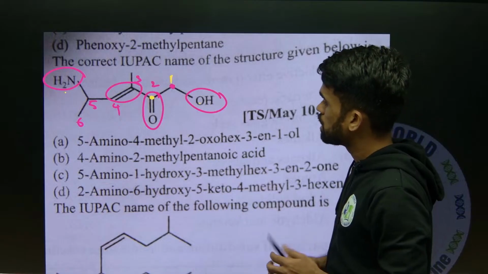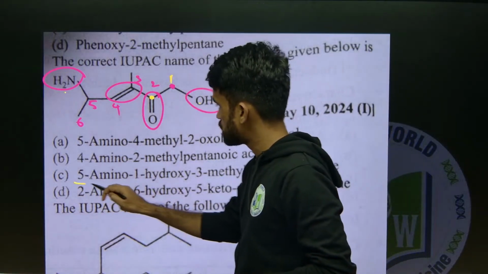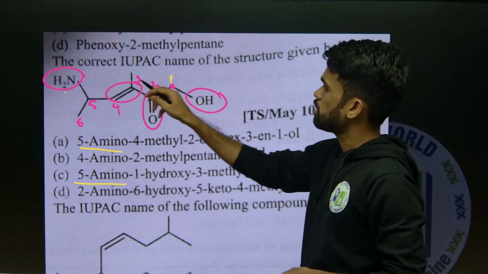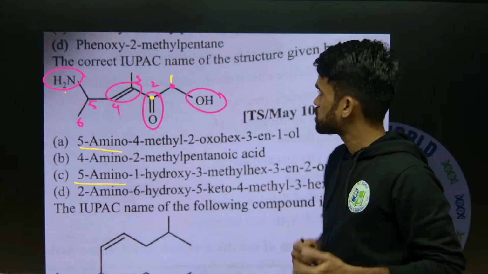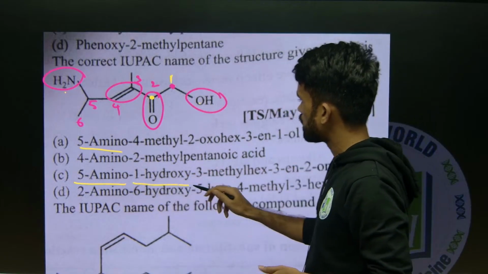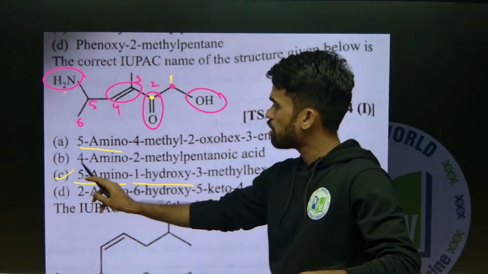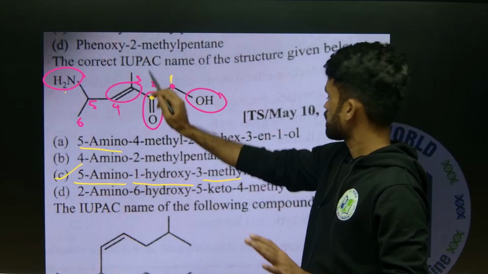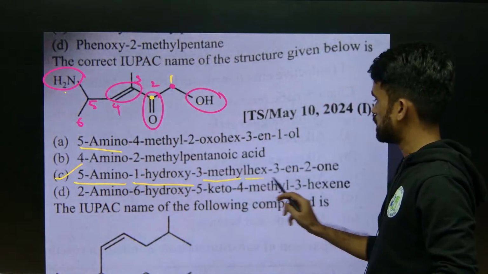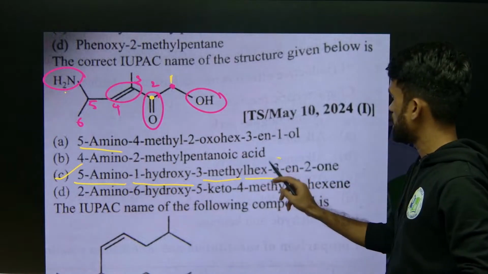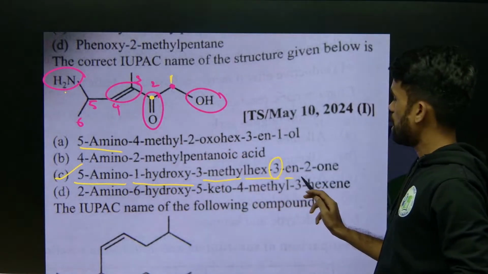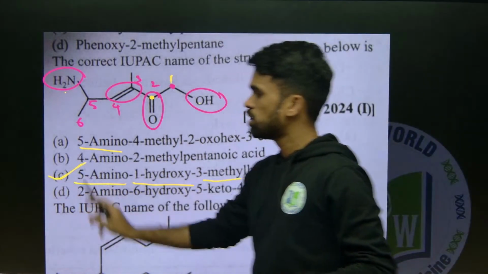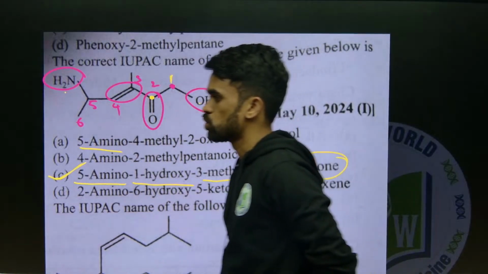After that hydroxy and methyl in alphabetical order, hydroxy comes next, so 1 hydroxy, done. We got our option: 5 amino, 1 hydroxy, 3 methyl. 6 carbons are there, hex. Position of double bond is 3, hex-3-ene, and the second position ketone, 2 one. So option C will be your perfect answer for this question, right?